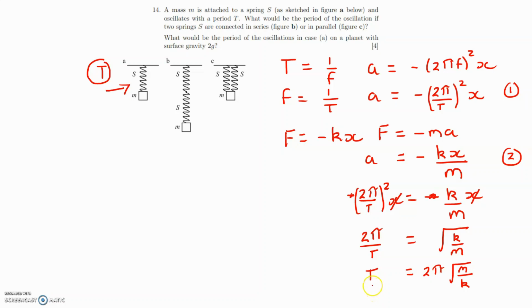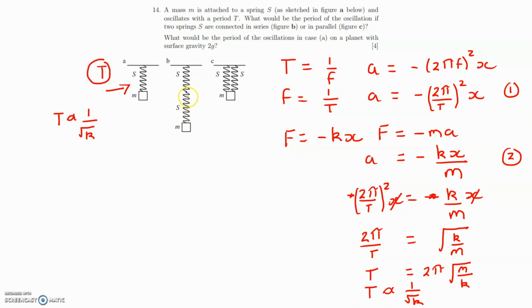And what we can also say from this equation is that the period is proportional to 1 over the square root of the spring constant. Okay, so I'm going to write that over here because that's going to help us in the next part of the question. We're being asked what would be the period of oscillation if two springs are connected in series.